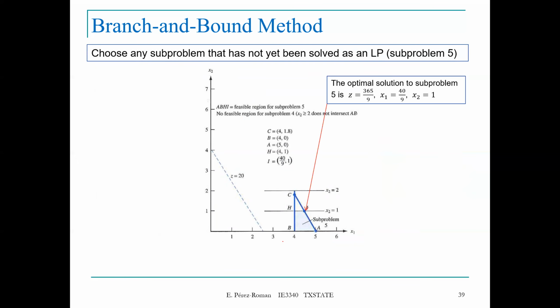So we choose subproblem 5, and using this isoprofit line, moving in this direction, we know that the last feasible point to be touched is that point. So the optimal solution now to subproblem 5 is z equals 365/9, x1 equals 40/9, x2 equals 1.